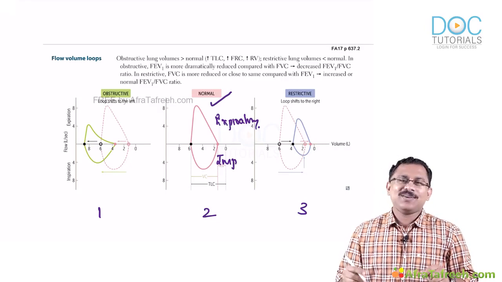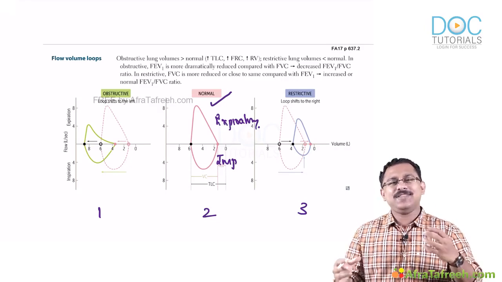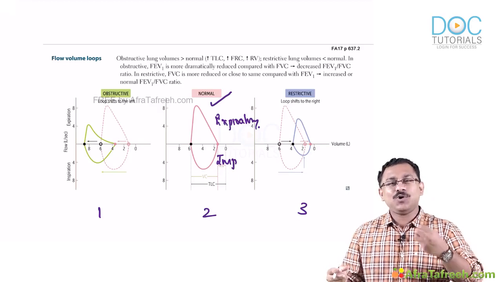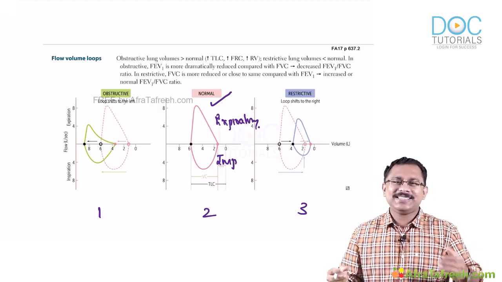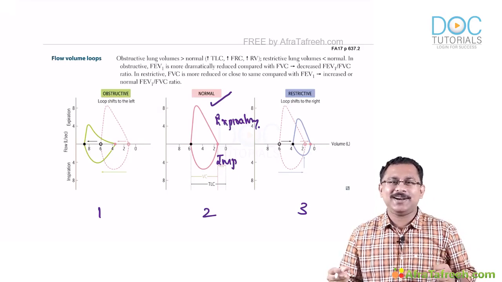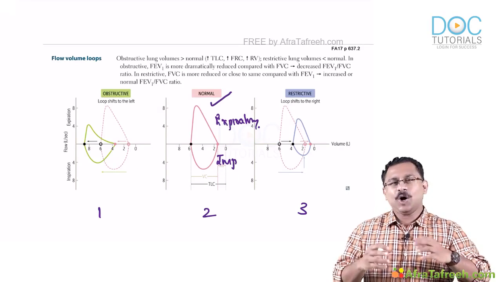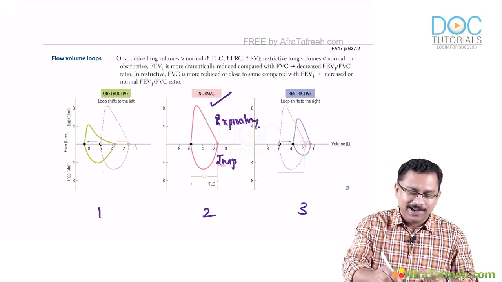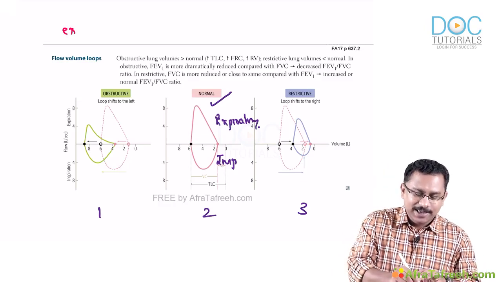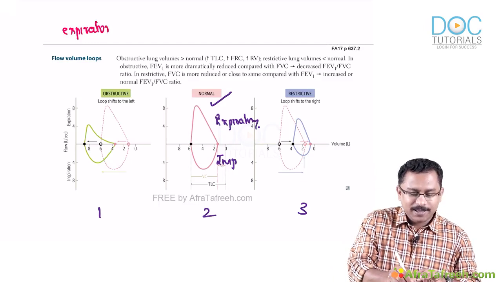You tell me, what is the part of the flow volume loop that is most likely to be affected? Is it the inspiratory part or the expiratory part? The expiratory part, correct? Yes, because obstructive lung disease is predominantly an expiratory airflow limitation.